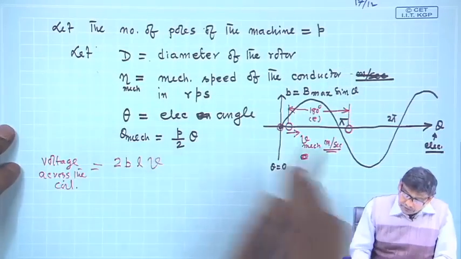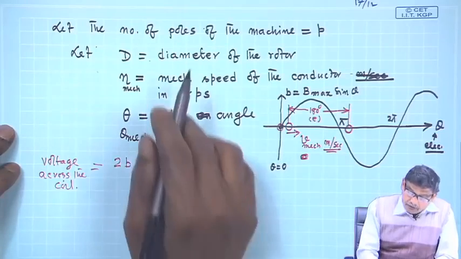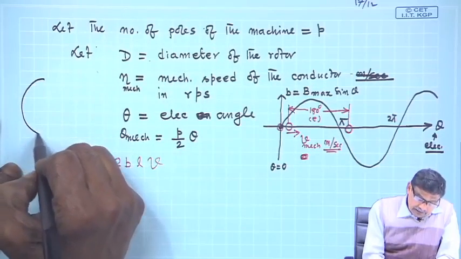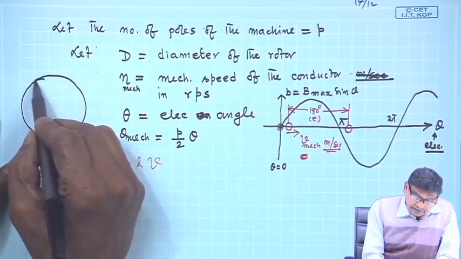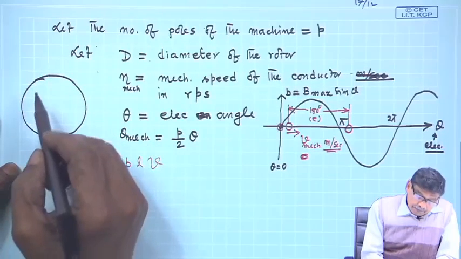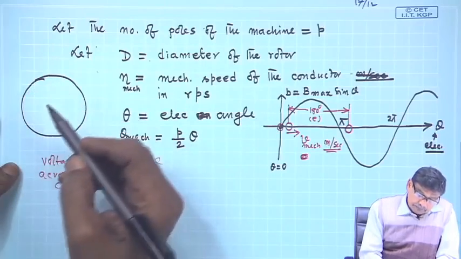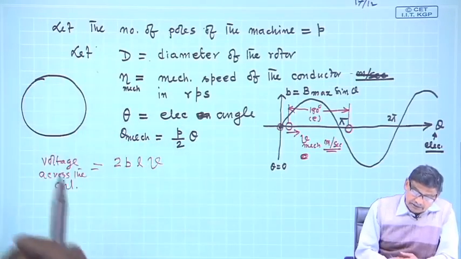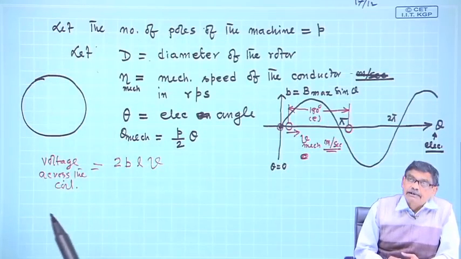So, I was trying to derive an expression of the induced voltage in a single coil, where the distance between the coil sides is 180 degree electrical.